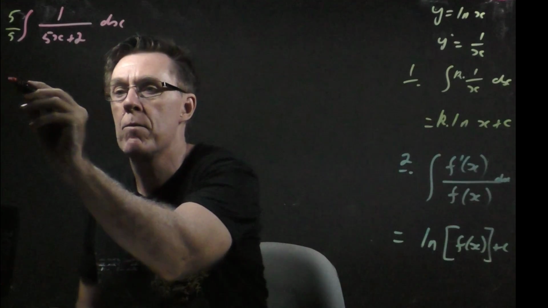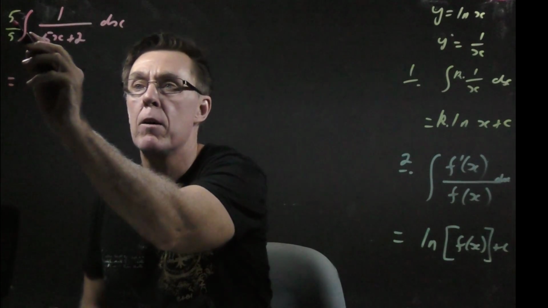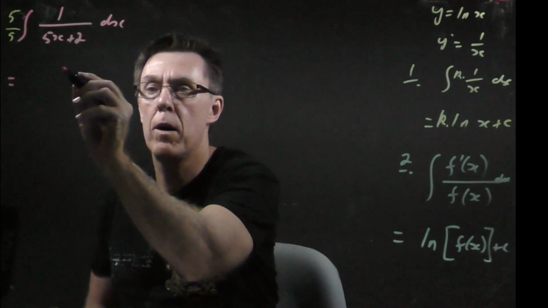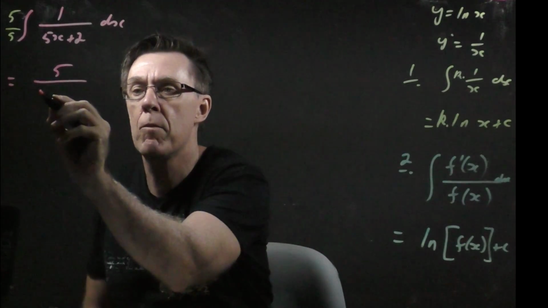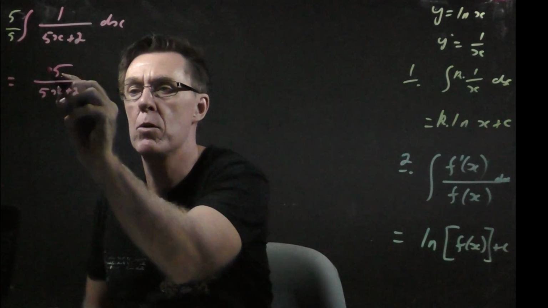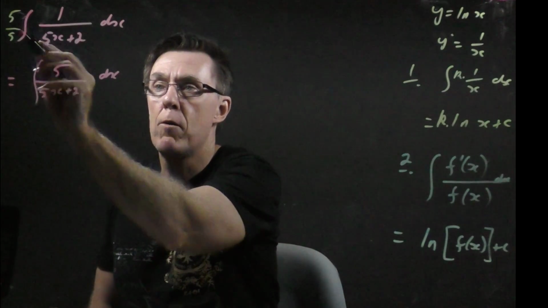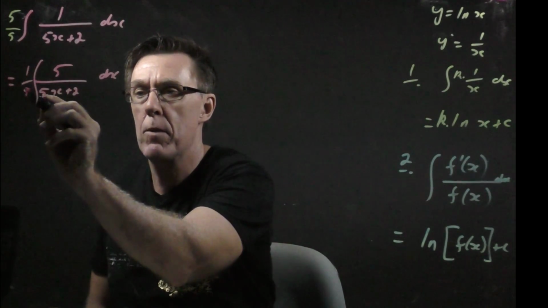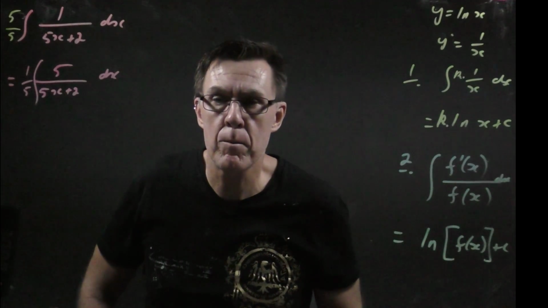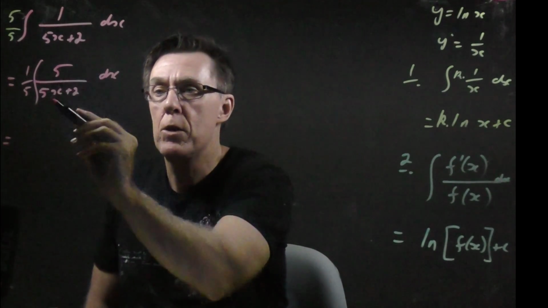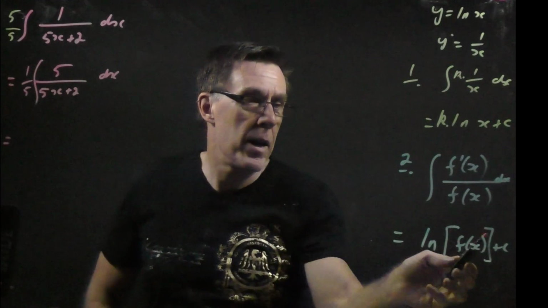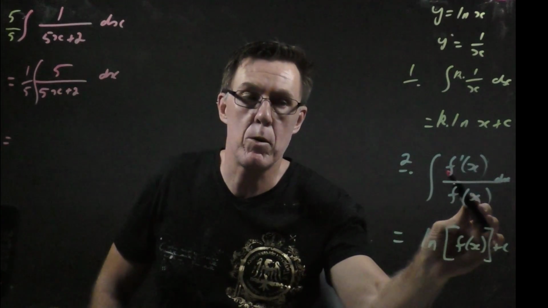I now have, if you like, multiplied this 5 across the top. I have 5 there over 5x plus 2, and I want to integrate that with respect to x. I've used the 5 on the top, I haven't used the 5 on the bottom yet, so I'll just leave it out the front as is. This situation behind the integral sign now matches this scenario here.